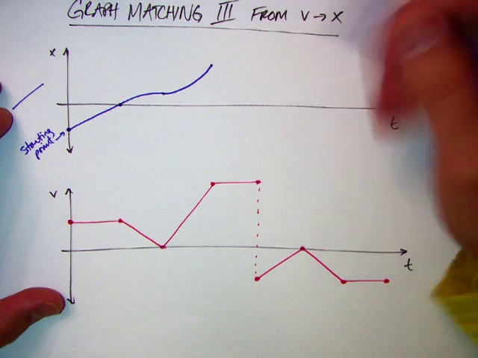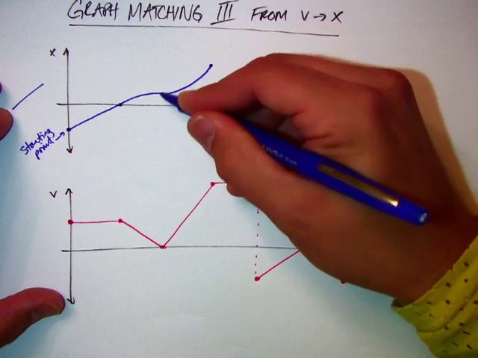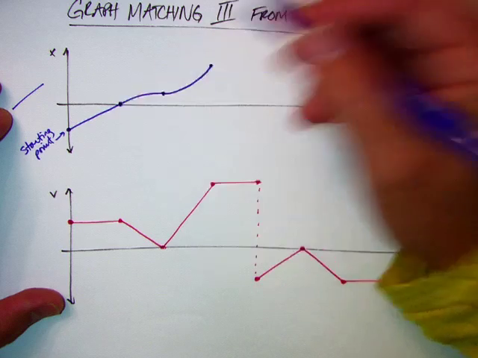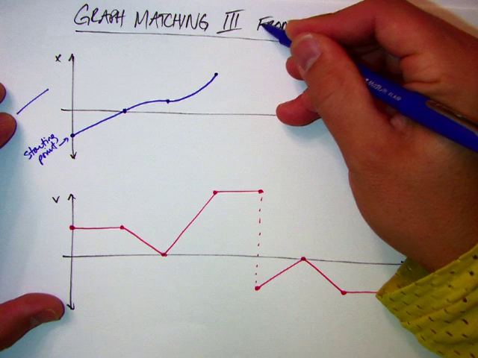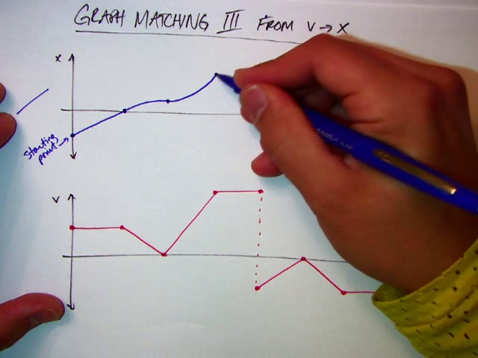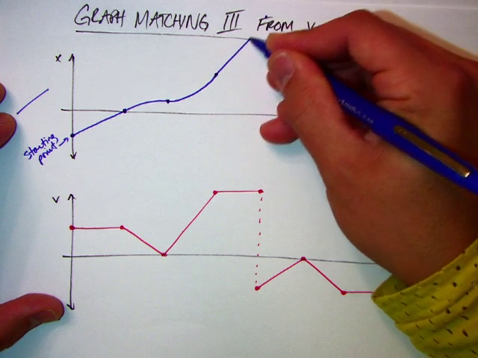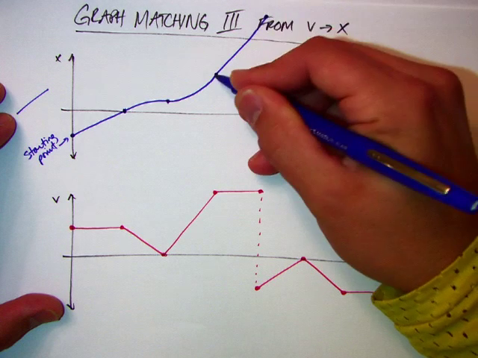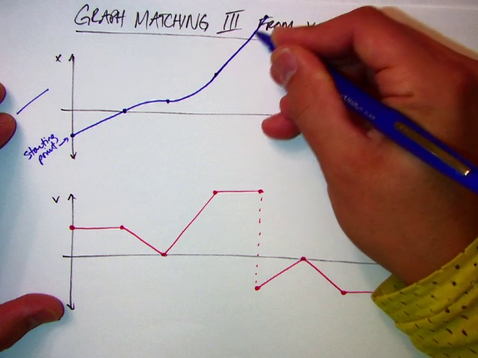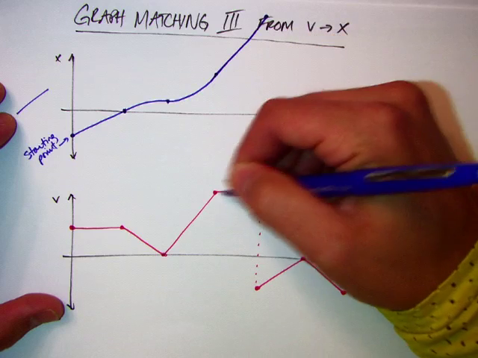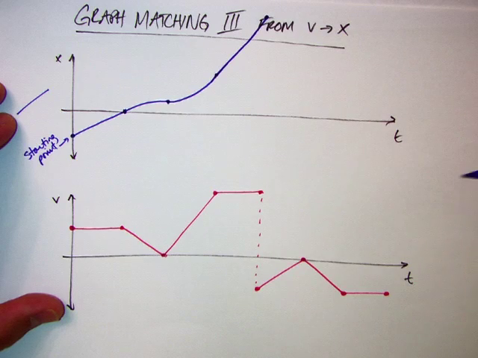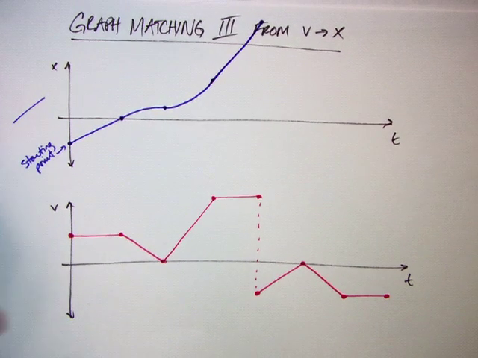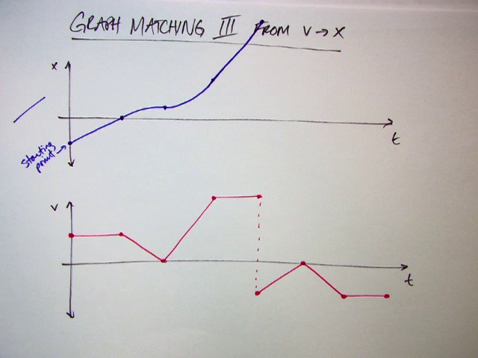It remains constant. So whatever my slope is at this point, I should make my segments here. This might be a little tough. I'm going to get off my graph. This should be a continuation of the same slope, the same velocity I was at from here to here. Now notice, I have a discontinuity here. What does that mean? That means my graph is going to have a sharp edge, a break from a smooth curve.